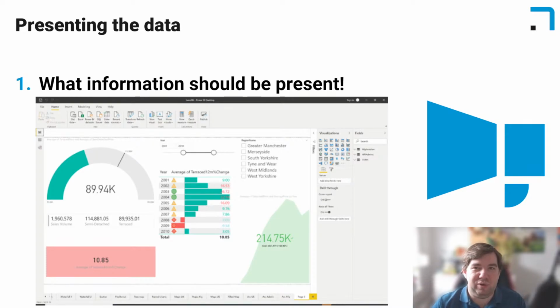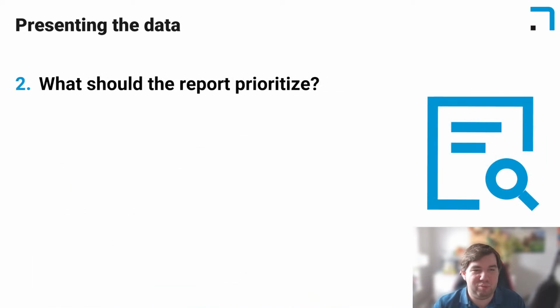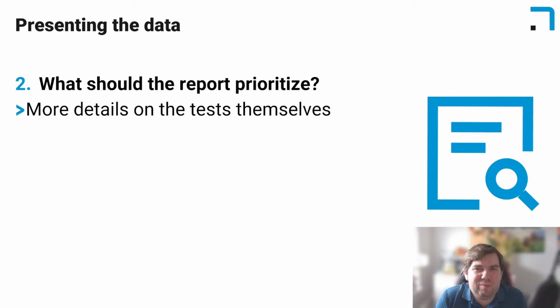So then we move on to our next question. What should our report prioritize that we're creating? I'd say the testing results and reports that we make should really provide more details on the tests themselves. What are the tests doing? How are they functioning? If they're all passing, great. If they're not all passing, then why is that the case? Or which ones are failing?